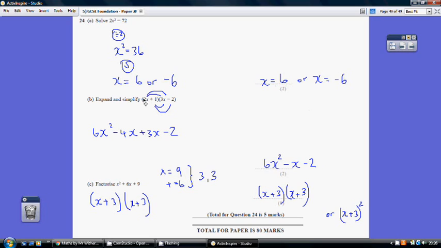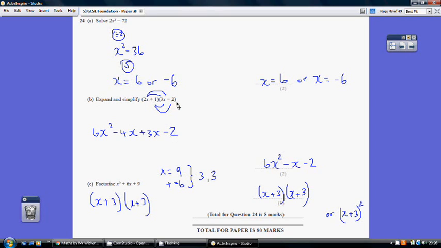Now for part B, we're multiplying out a pair of brackets, we do the two claws on top and the two claws below. So 2x times 3x, 2x times minus 2, 1 times 3x and 1 times minus 2. So 2x times 3x is 6x squared, 2x times minus 2 is minus 4x, 1 times 3x is plus 3x, and 1 times minus 2 is minus 2.